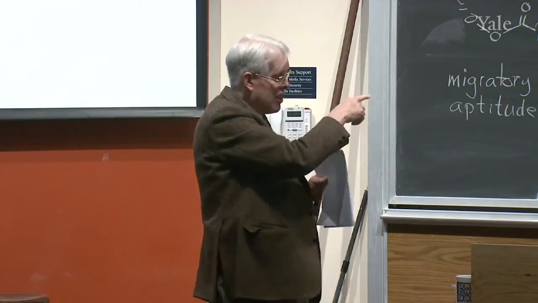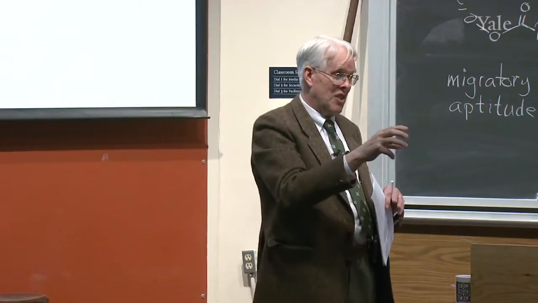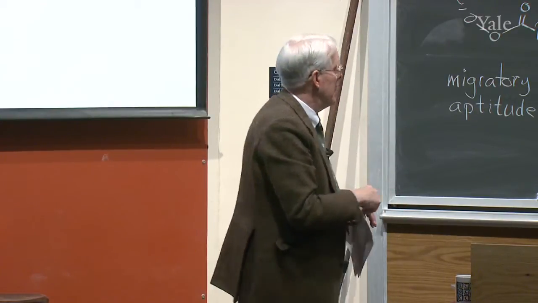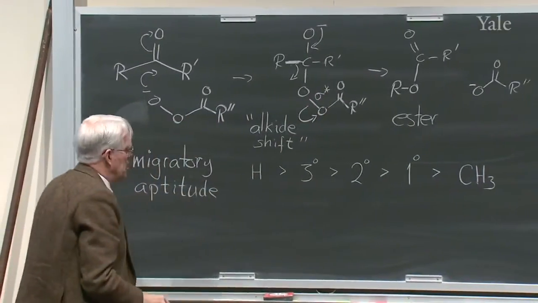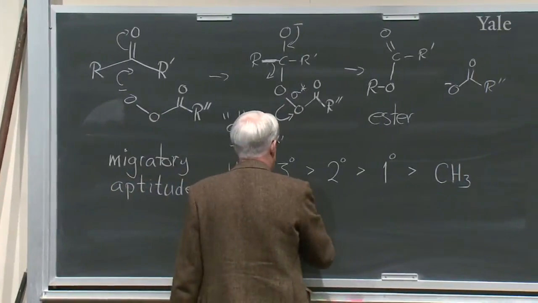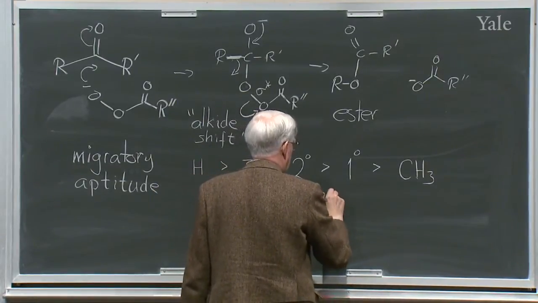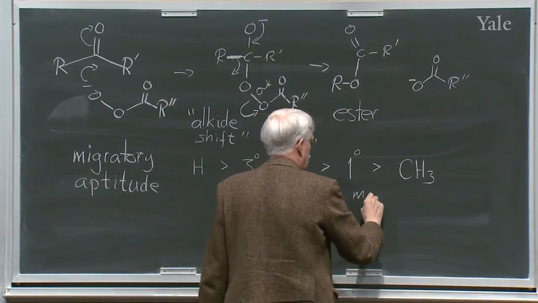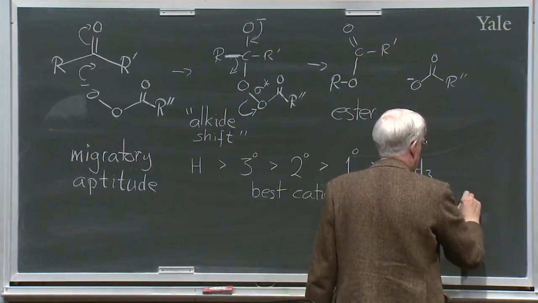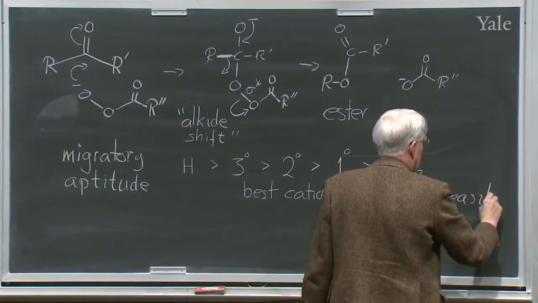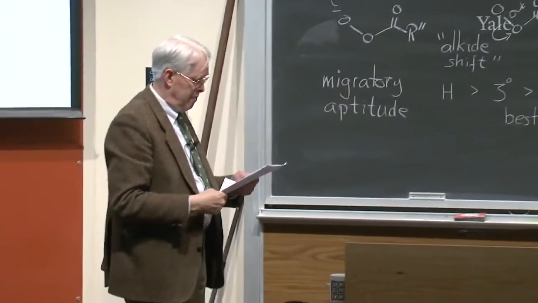But that's not the way it goes. It's exactly the opposite, because it actually is giving up electrons in the process of shifting. These electrons are being given to sigma star. So it's the best cation that migrates fastest, which seems sort of funny when you say that it's an alkyl shift.